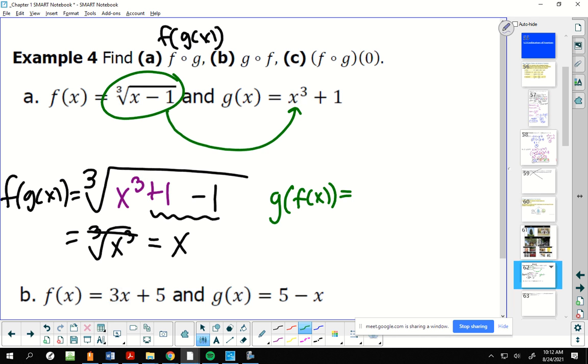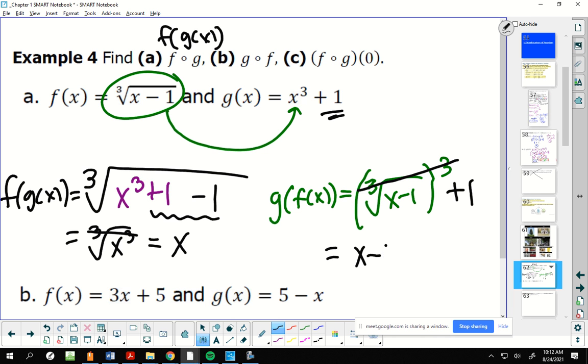So we get the cubed root of x minus 1, cubed, and then plus 1. These cancel, right? The cubed root and the cubed. So we get x minus 1 plus 1. That's 0, so we just get x.